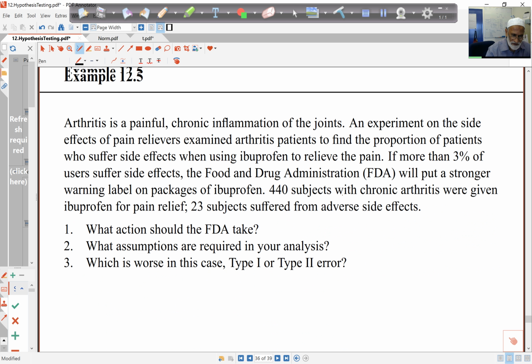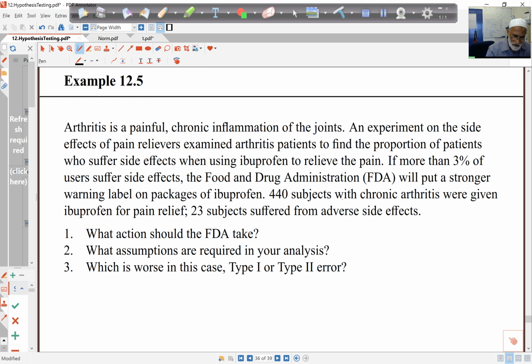Here's another example. Arthritis is a painful disease, and so here this is a study on some pain relief by ibuprofen. If more than 3% of people suffer side effects because of this pain relief, then a stronger warning will be put in the labels.